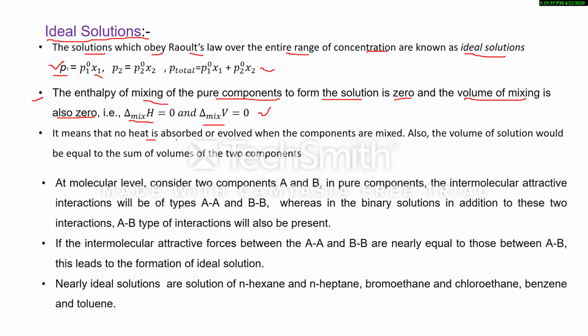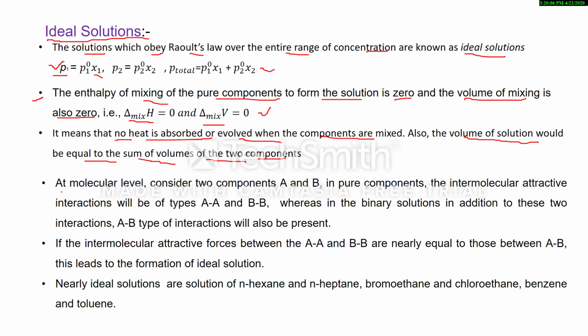No heat is absorbed or evolved when the components are mixed, and the volume of solution would be equal to the sum of volumes of the two components. It means if we are mixing 10 ml of component 1 and 10 ml of component 2, then the volume of solution will be 10 plus 10 is equal to 20 ml.